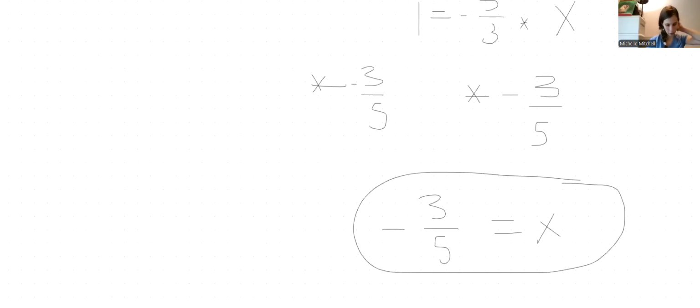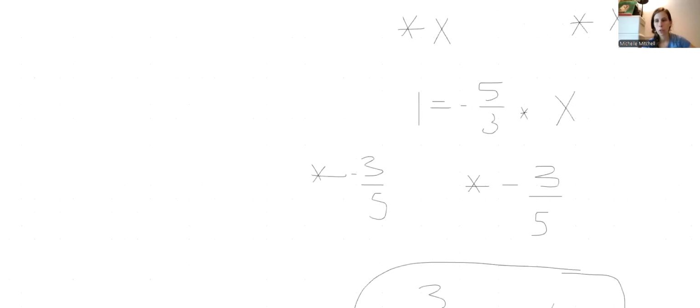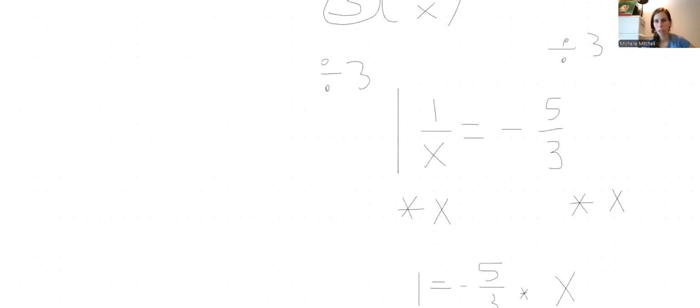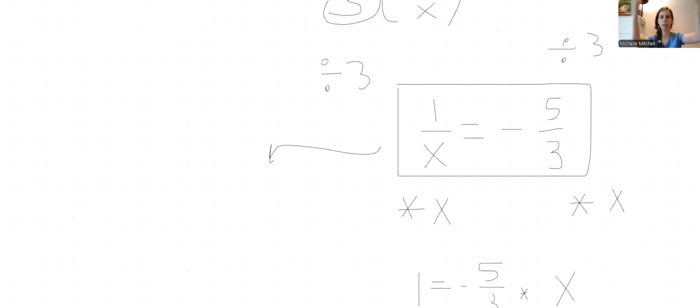All right, now you're going to look on page 118 where it says to find x and y. Recall that if 2 numbers are equal, then their reciprocals are equal. That's the easy common sense way. So we're going to come back up here and say, okay, if 1 over x equals negative 5 over 3, then flip it. x over 1 should equal negative 3 over 5.